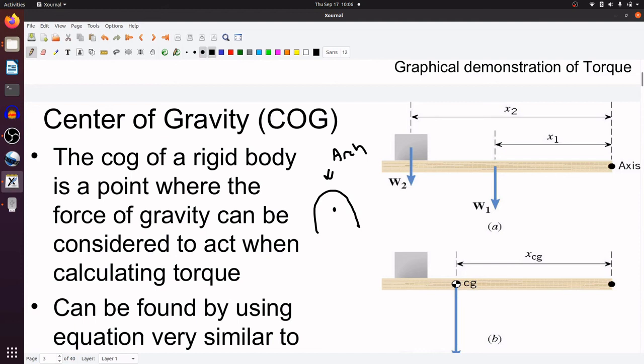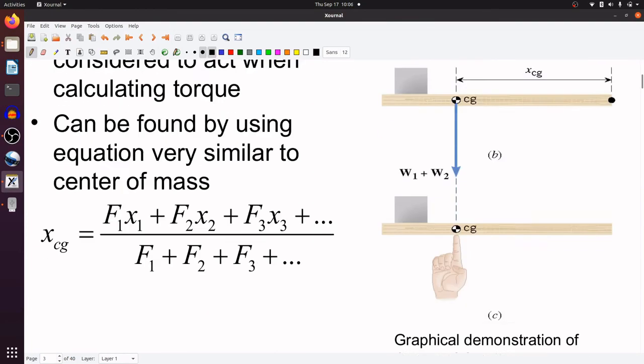If you have a meter stick, it's going to balance at the 50 centimeter mark, assuming it's uniform. If it's not uniform, you'll have to find the mark where it actually balances. It will only balance when the center of gravity is at the pivot point, or whatever you're trying to balance it on.